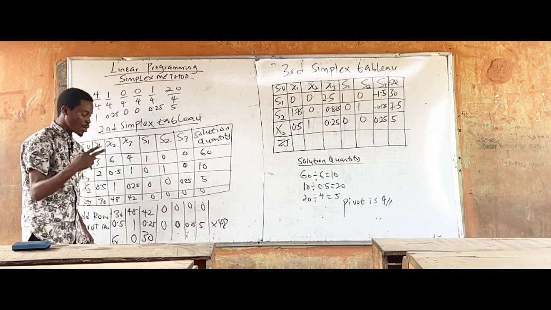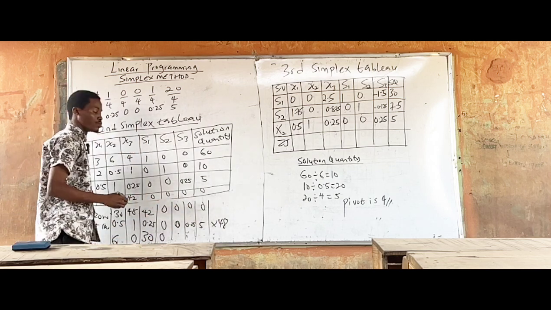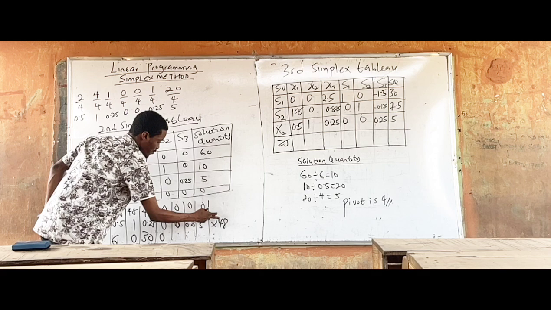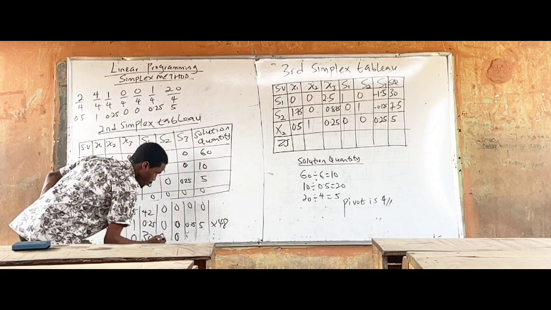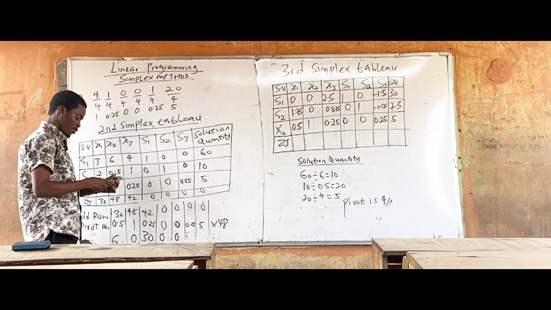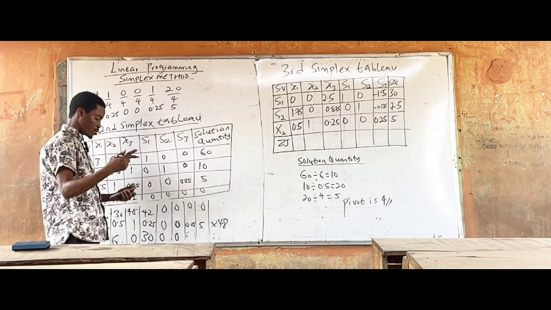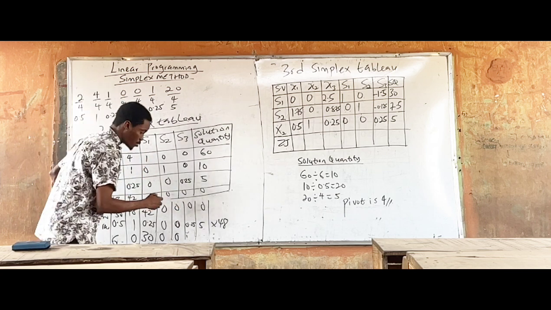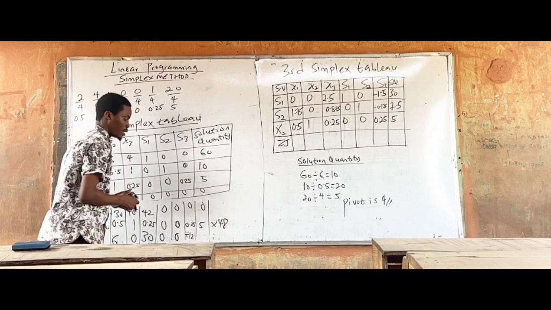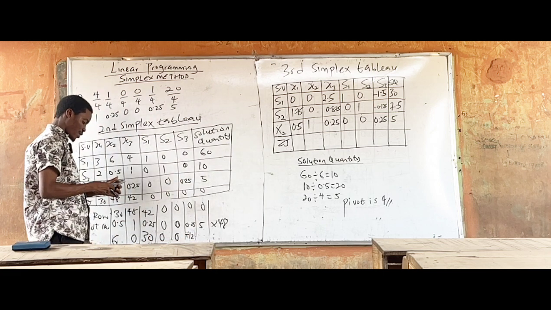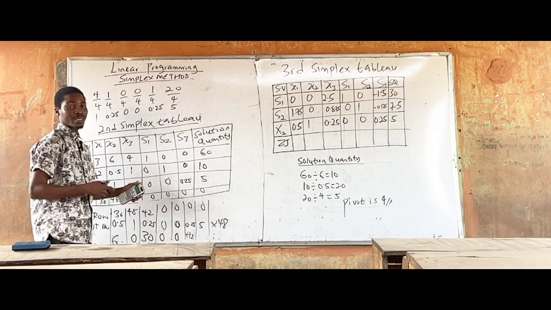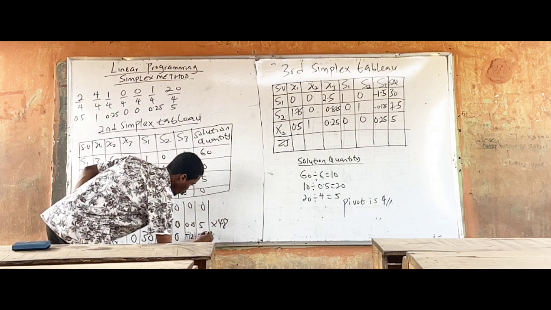0 times 48 is 0, 0 minus 0 is 0. 0 times 48 is 0, 0 minus 0 is 0. 0.25 times 48 is 12. 0 minus 12 is minus 12. Then 5 times 48 is 240. 0 minus 240 is minus 240.